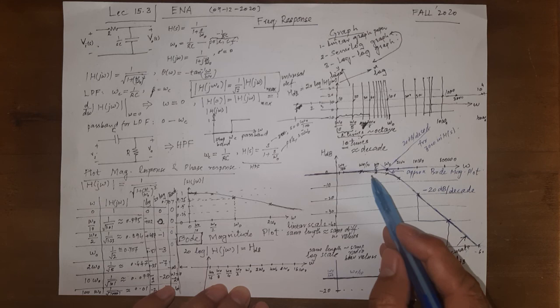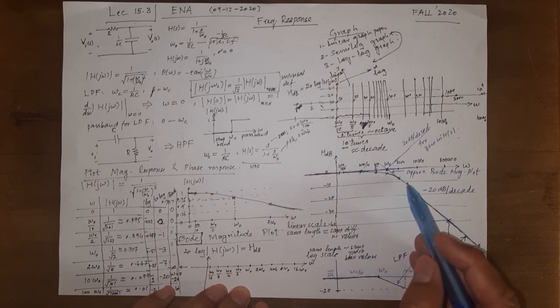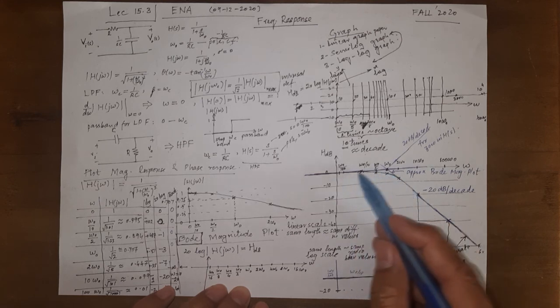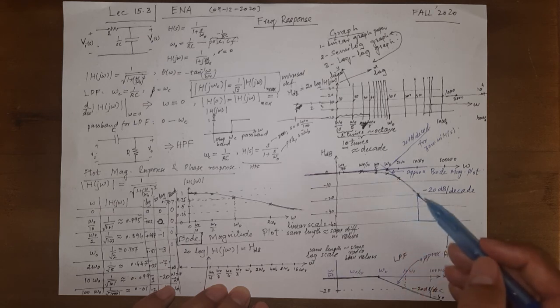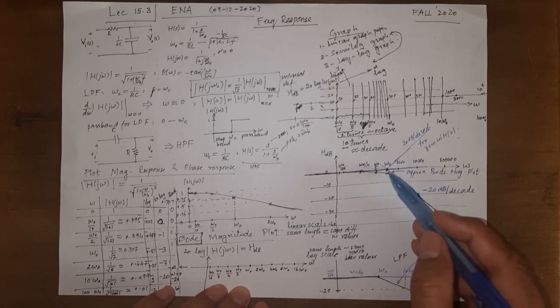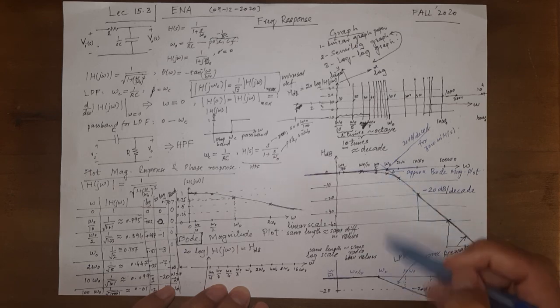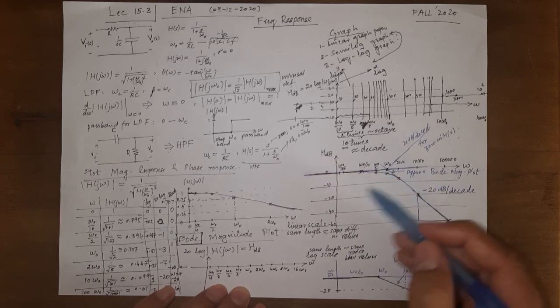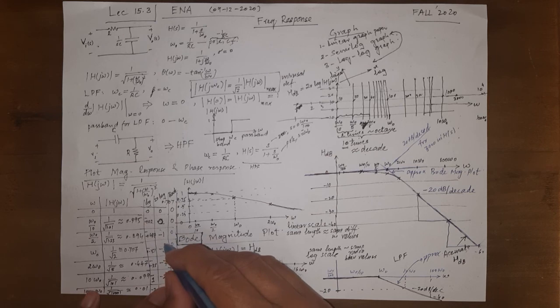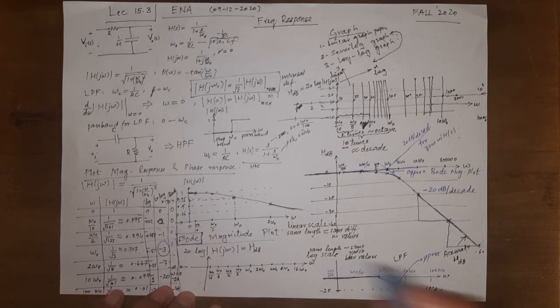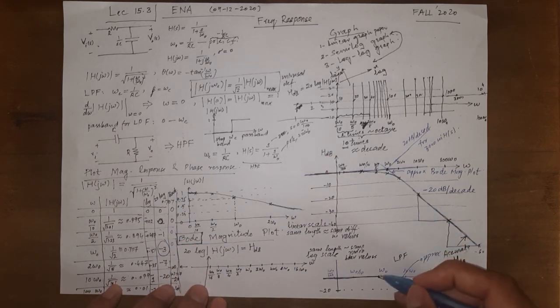I started with the actual one, then told you how to draw the approximate one. But the maximum deviation of the actual one from the approximate one is at omega naught. At omega naught, the value was minus 3 dB, not 0.